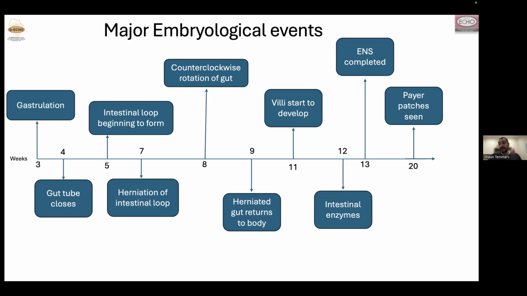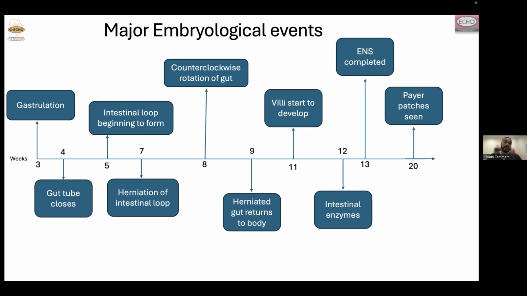So it herniates outside of the abdominal cavity, and it remains out there while it keeps on elongating and maturing. Initially, when it herniates out, there's clockwise rotation of the gut on a single mesentery, and then there's counterclockwise rotation that occurs at roughly about 8 weeks.